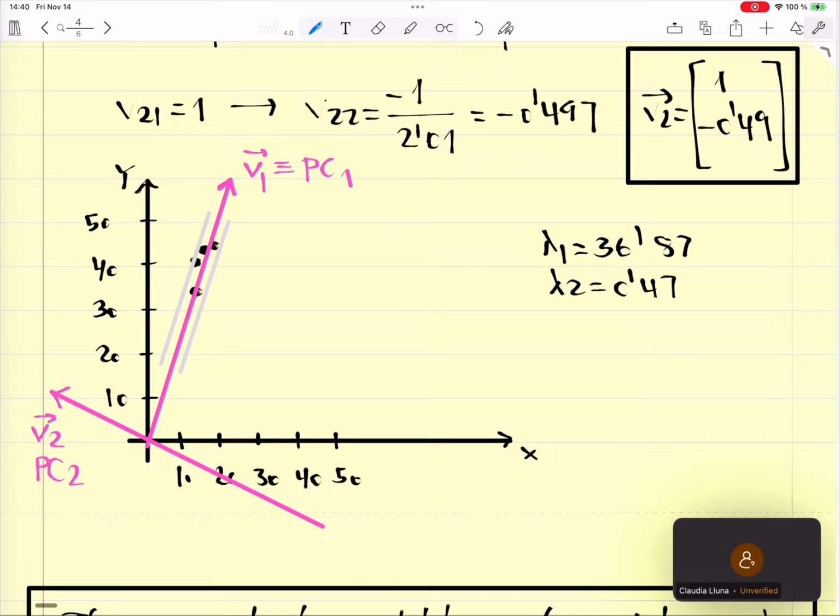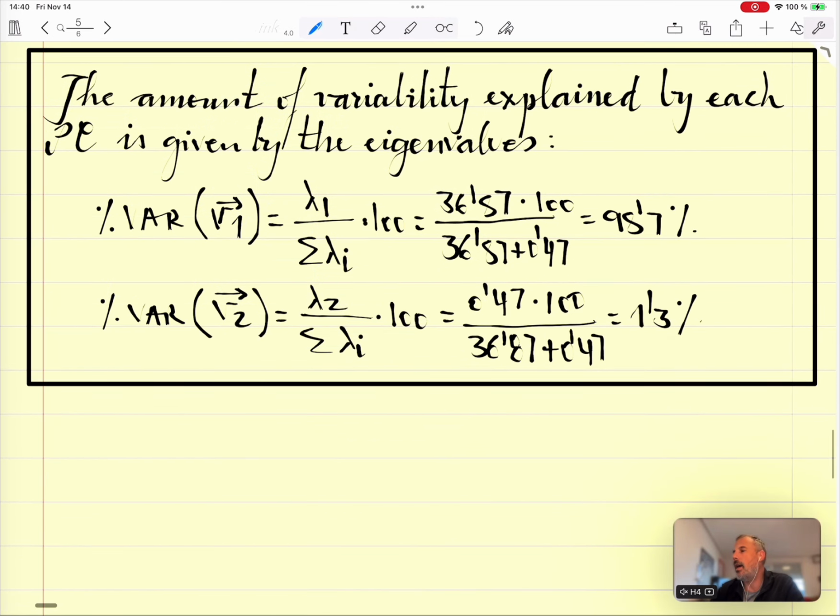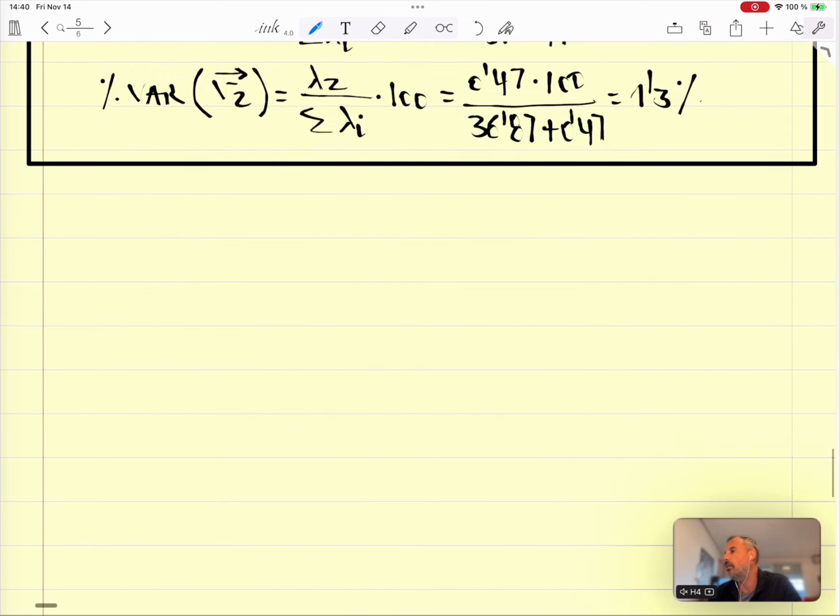Question, go ahead. Oh, I'm drawing the vectors, okay. Yeah, if you have never seen it before, then it's not so simple, but in reality it's easy. Look at this.